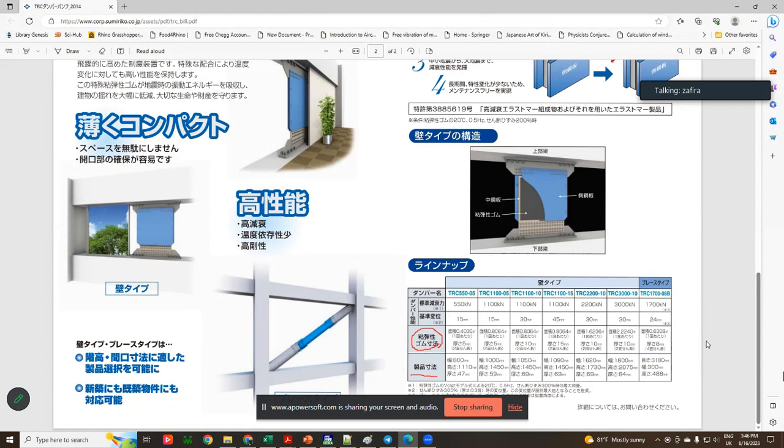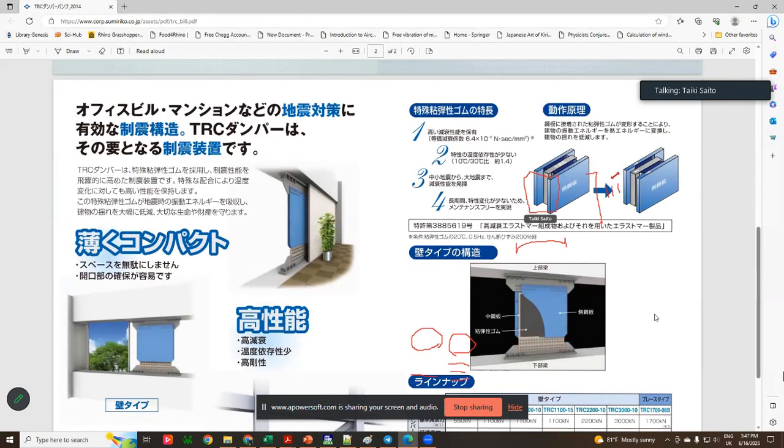So this is a 5 millimeter rubber inside, 47 millimeter including the outer steel plate. The wall size is 800 wide and the height is 100 centimeter, and inside is the 5 millimeter rubber.